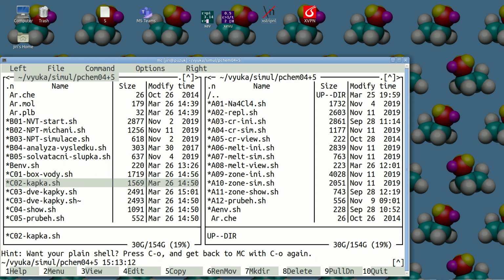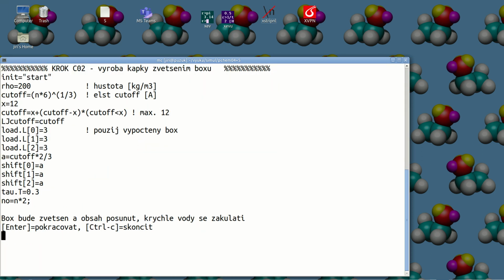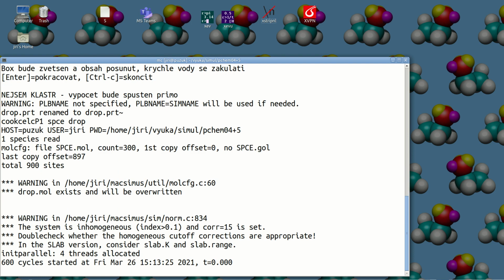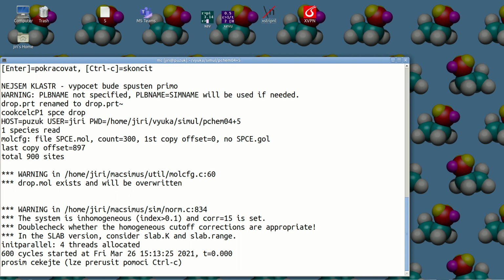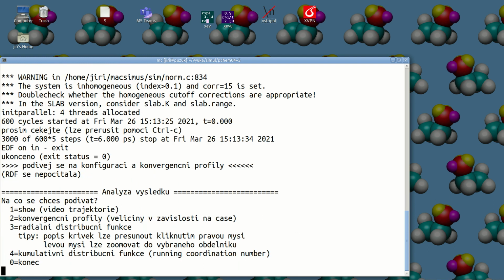The next step will be to prepare this droplet. There are a few technical inputs here, how to manage this, but it's better just to have a look at what happened. That is, a cube from the previous simulation was put into a larger cube.